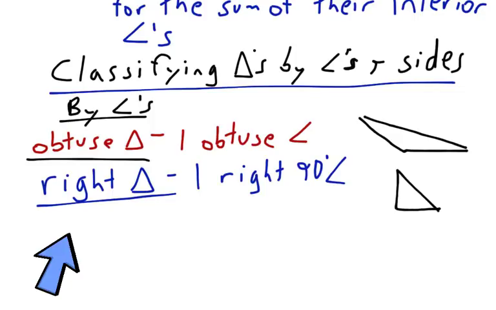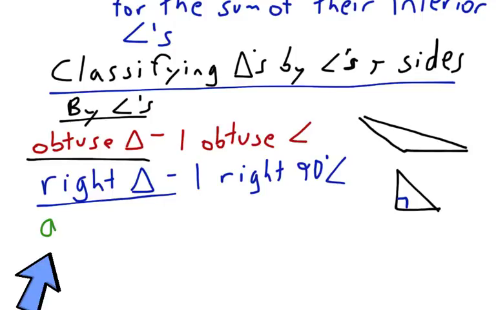And I'm going to denote that that's a right angle by putting a box. That's just our math code for 90 degrees. So one right 90-degree angle is a right triangle. You can't have 2 right angles because 90 plus 90 is 180. Then you wouldn't have any degree measurement for the third angle.